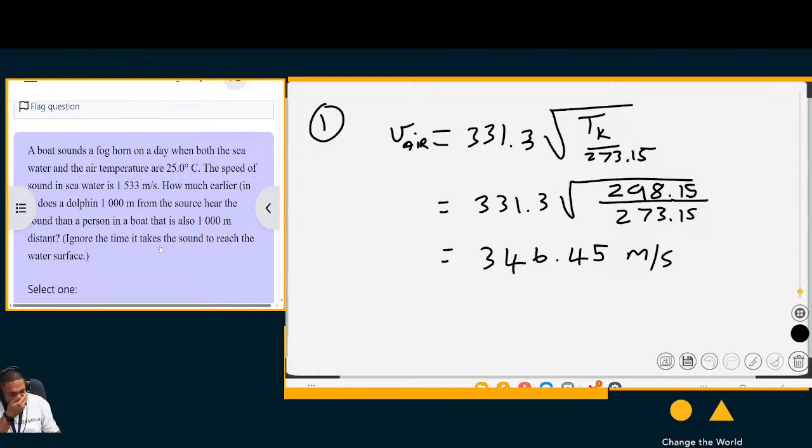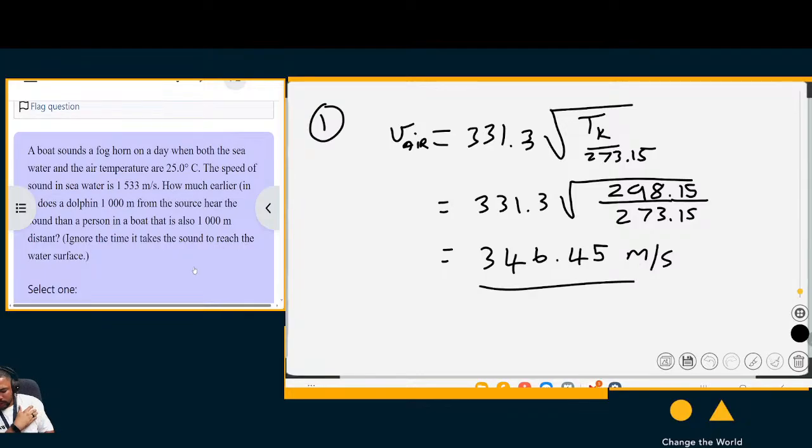The formula I usually use is 1, that, and then you multiply that by 331.3, and you get an answer of 346. So yes, it is correct.